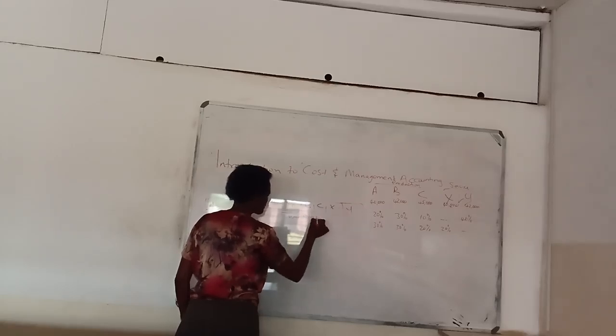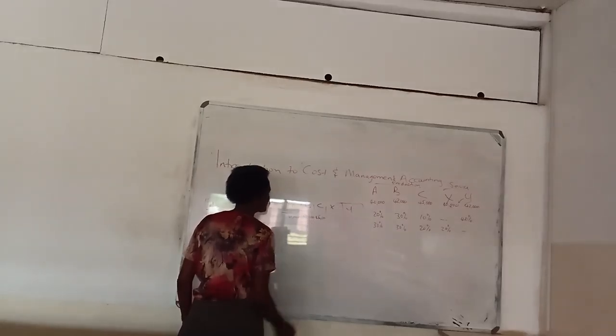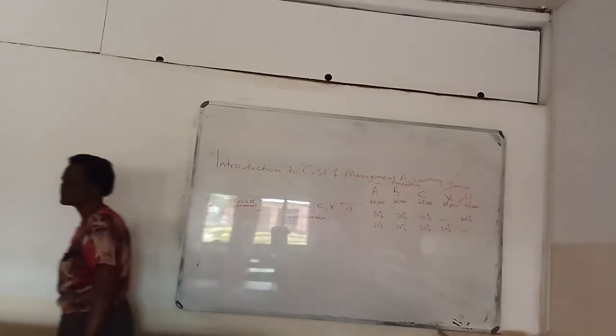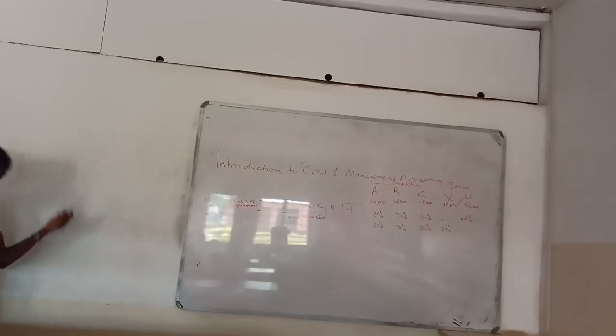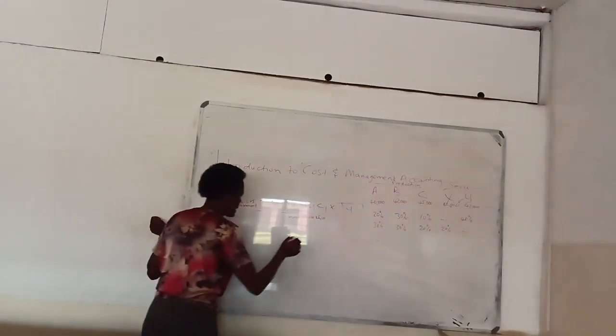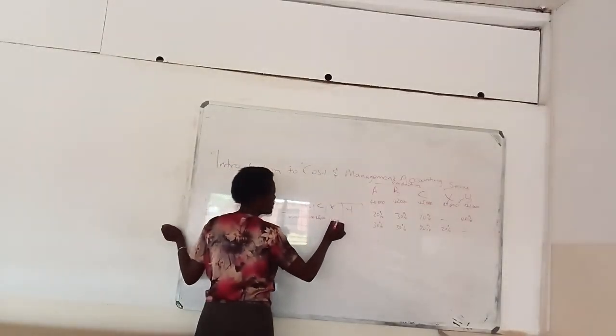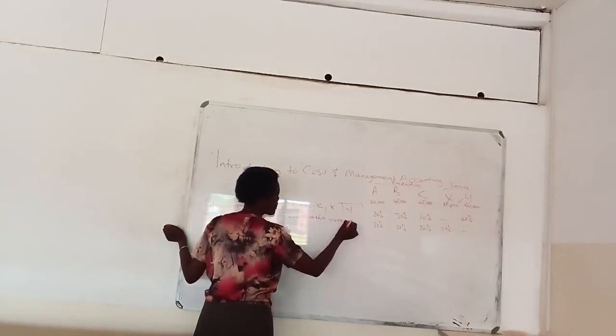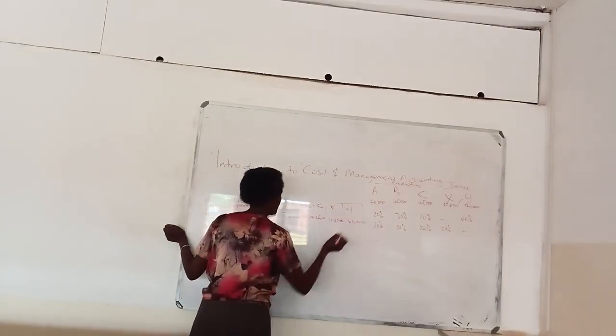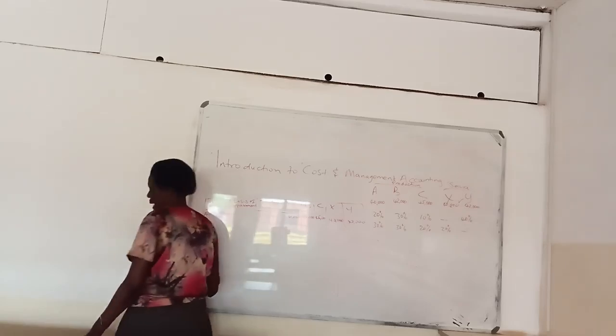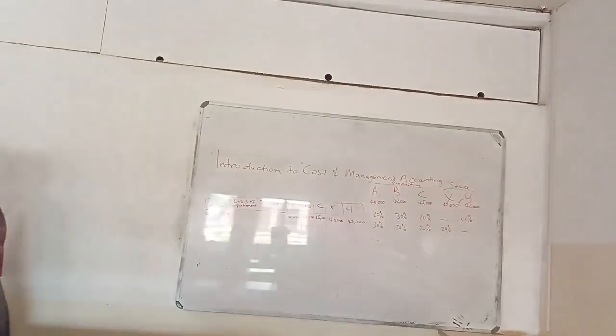C? 45,000. X? 40,000. That is what we have been allocated or allotted. So this is the first line that we are having.